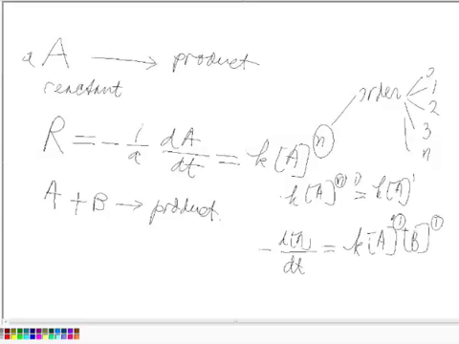So this is called a second order reaction. But if the initial concentration of A is equal to the initial concentration of B, then the rate will be represented by k[A]^2.